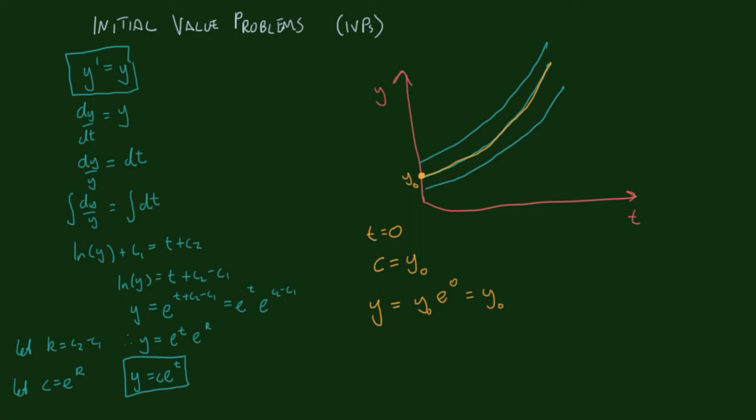Okay, so this brings us on to the idea of an initial value problem. An initial value problem comes in three main things. We have some ODE, and the ODEs are normally written in this form. In this case, it's a first order ODE.